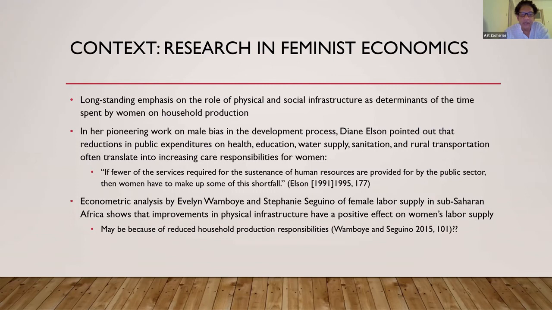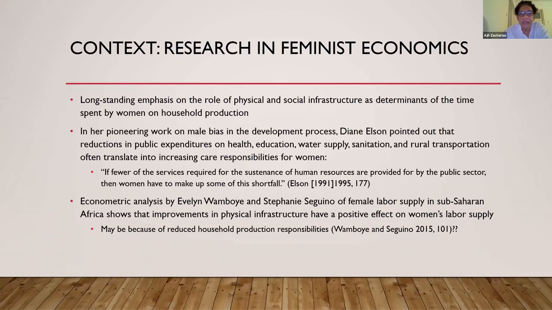From the recent literature, we have an econometric analysis by Eveline Baumann and Stephanie Seguino. What they looked at was the determinants of female labor supply in sub-Saharan Africa. The estimates that they have suggest that improvements in physical infrastructure have a positive effect on women's labor supply in the regressions that they ran.